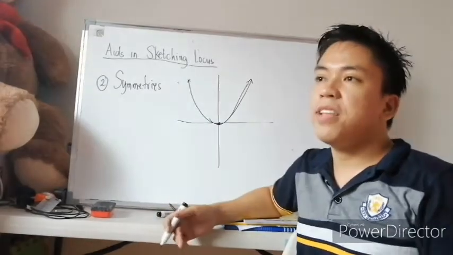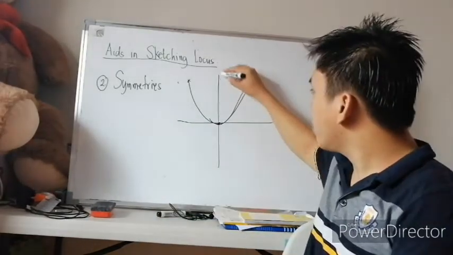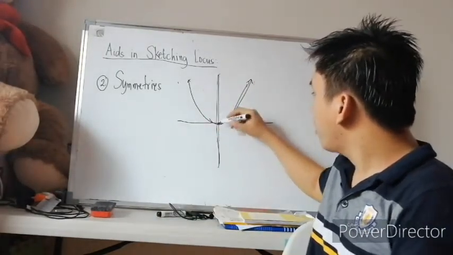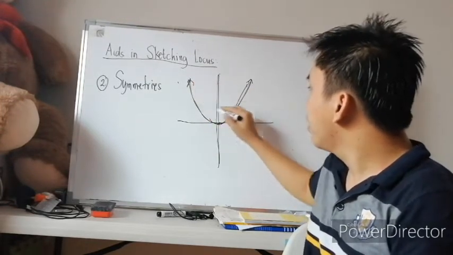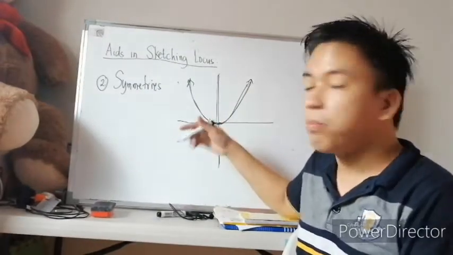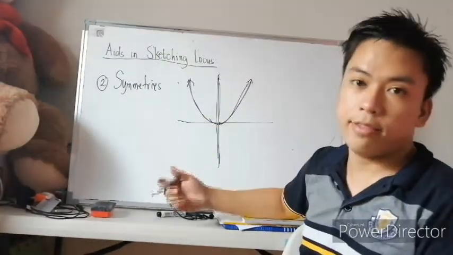This implies that the graph is symmetric: it mirrors on the other side the same way. So it's symmetric with respect to the vertical axis, or the y-axis.